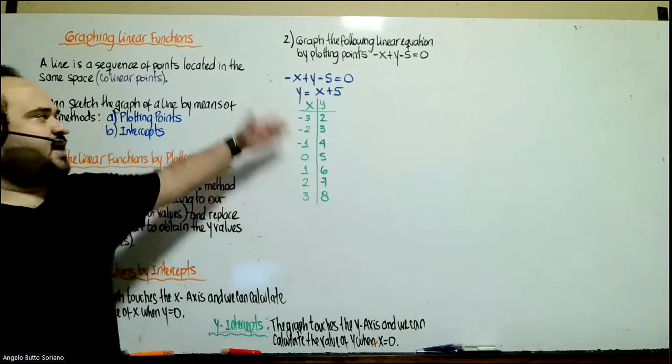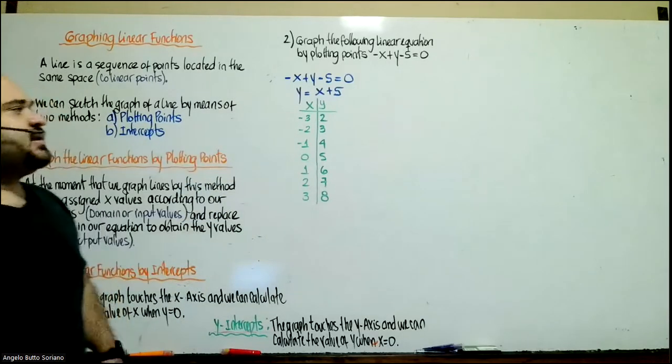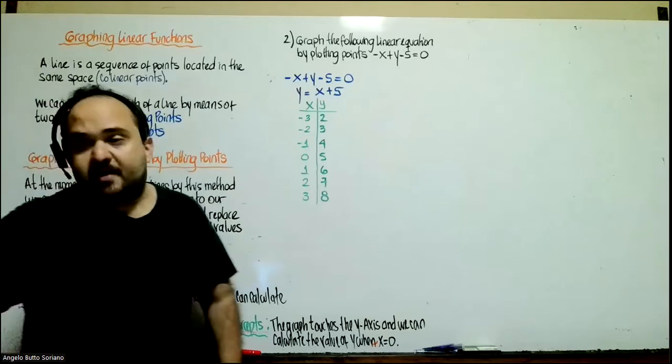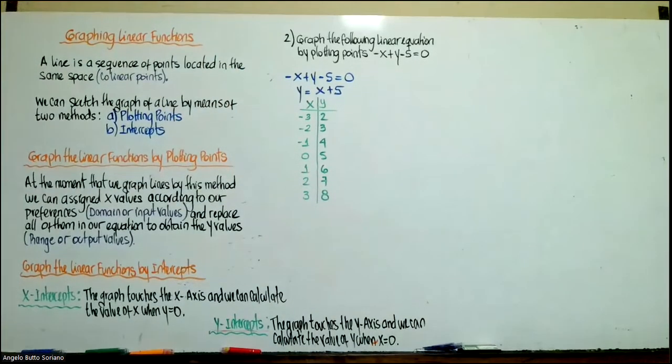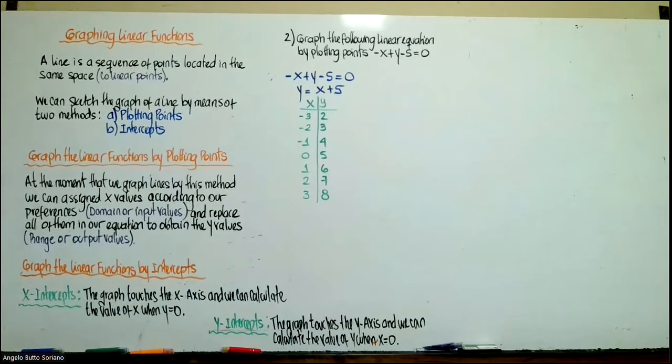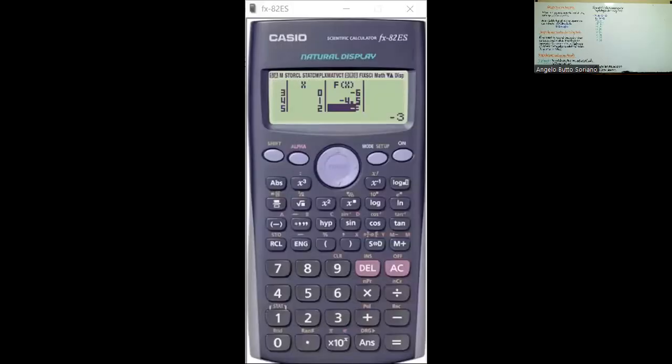But this is done manually, replacing the letter x by the numbers. How about with the calculator? Once again, let me show you a demonstration with the same calculator, the Casio fx-82ES. Let me reset it.